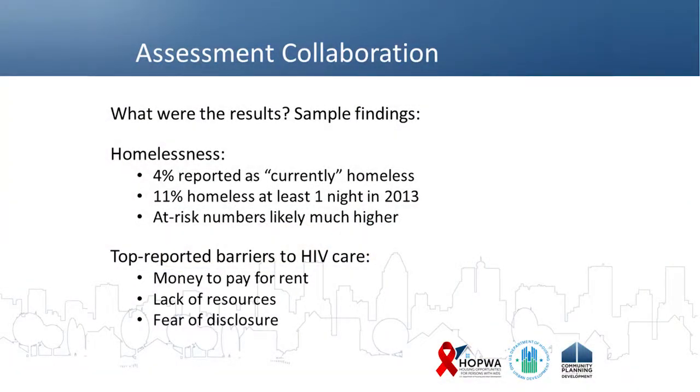There was trend information over time that showed households with that severe rent burden going up from 26% to 35% of the sample in 2013. On homelessness, we talked about that a little bit earlier. 4% reported as currently homeless while the survey was being done, and 11% had been homeless at least one night during that year.